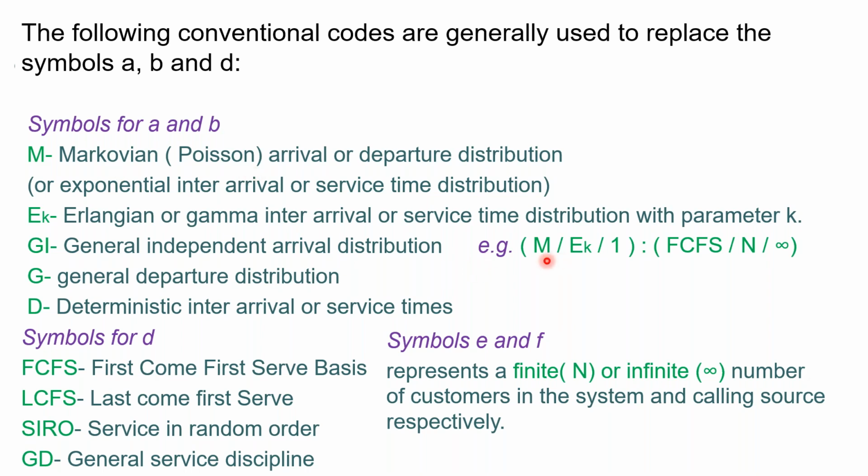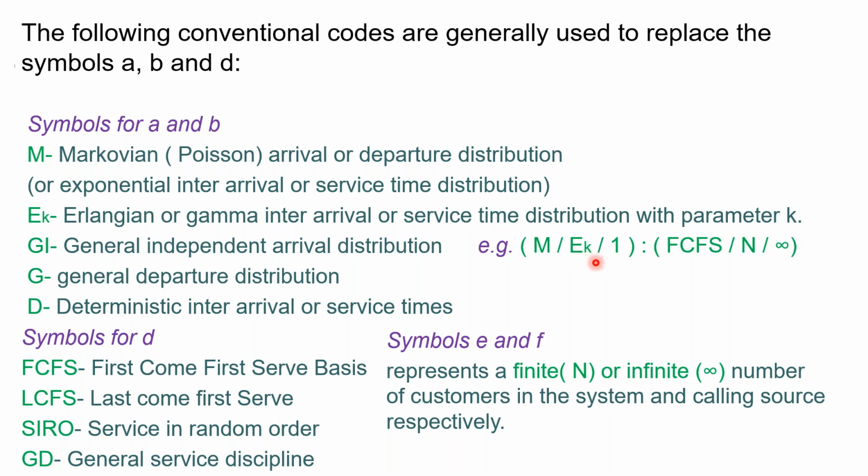That's why here the arrival rate is M. Now the departure rate or your service rate follows an Erlangian distribution. That's why it is represented by Ek.